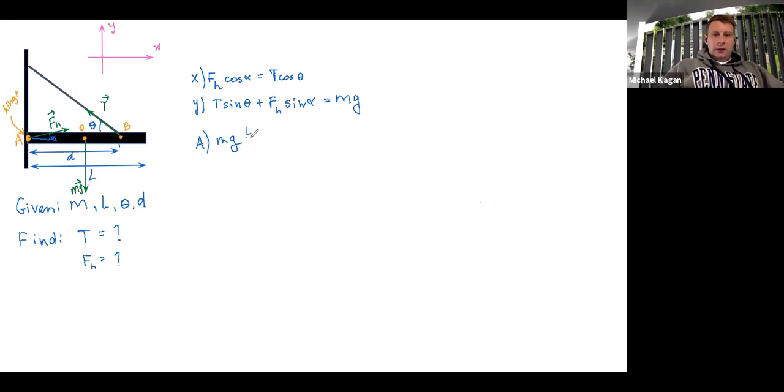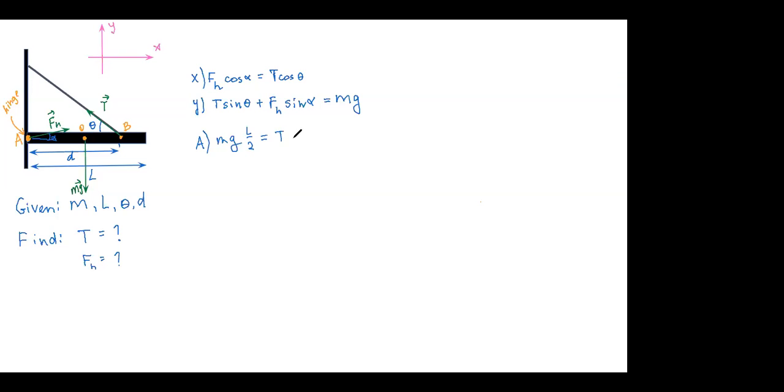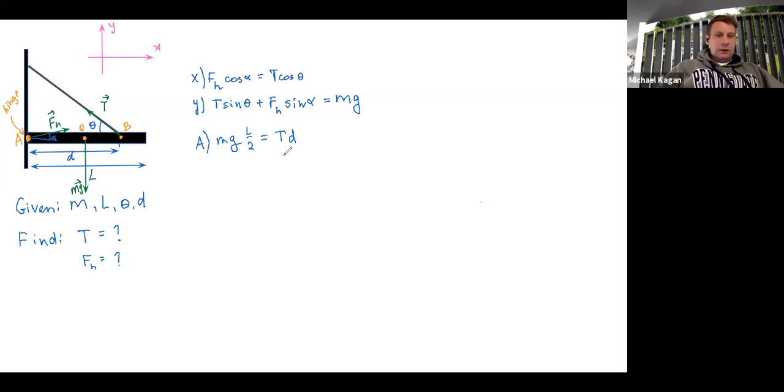So I put L over 2 here for the torque of gravity, and then tension. What do we do with the tension? The arm length is d, so I put T d, and then we need to figure out the trig. So do I put sine or cosine theta? Andrew, what do you think?